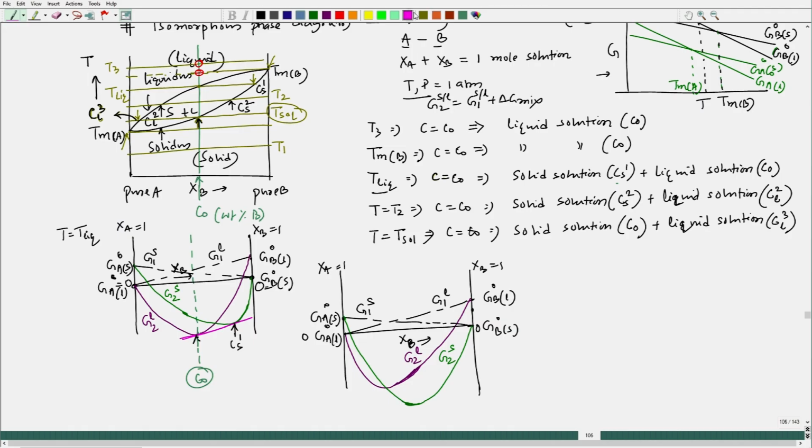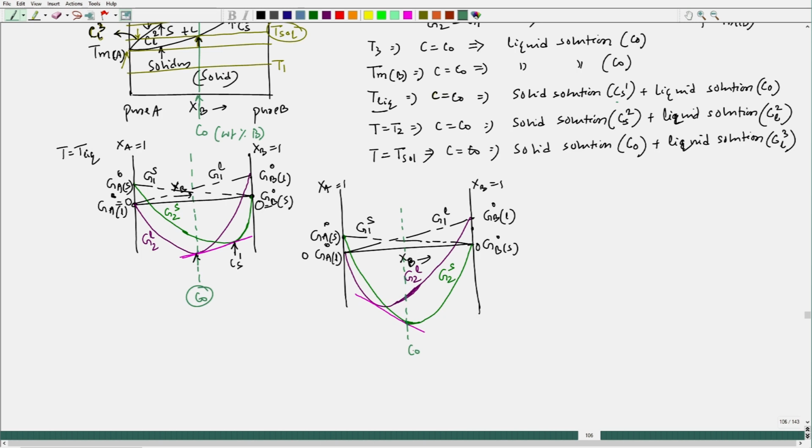So, if I do a common tangent it would be like this, and interestingly, if you check the solid solution, that alloy composition what you have taken, this is C naught. Okay. And this is C liquid 3. Okay. So, that is the composition.